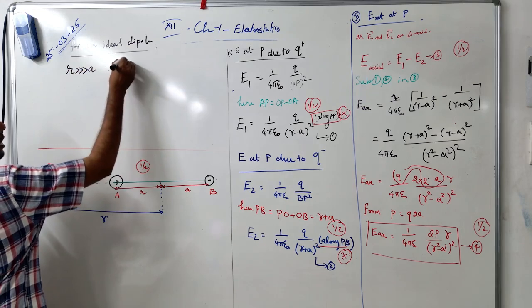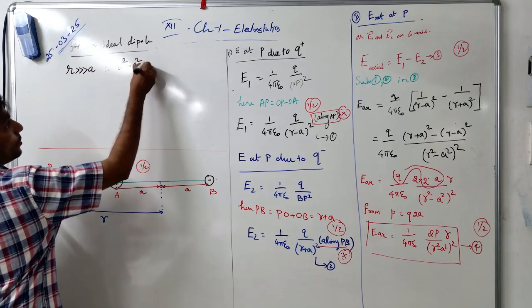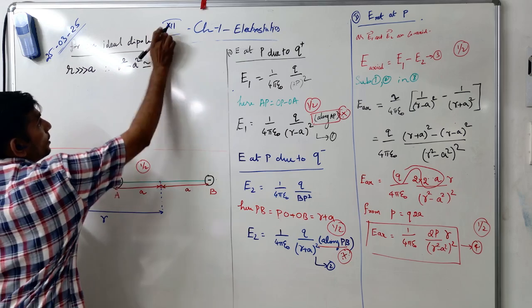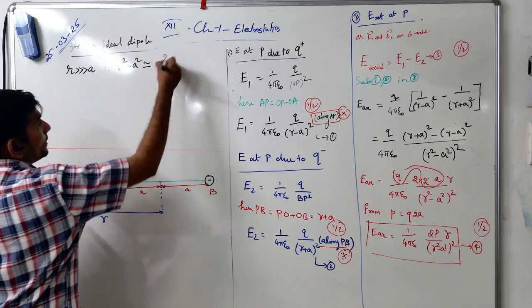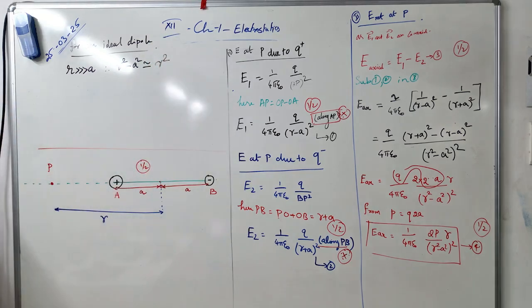Therefore, r squared minus a squared is approximately equal to r squared. Because r is too high, a is absolutely negligible. So r squared minus a squared is approximately equal to r squared, because a is too small.